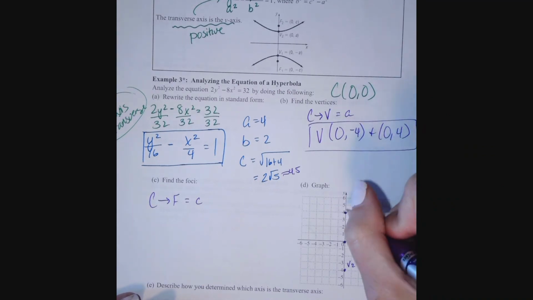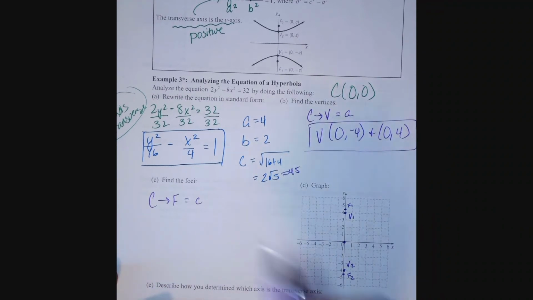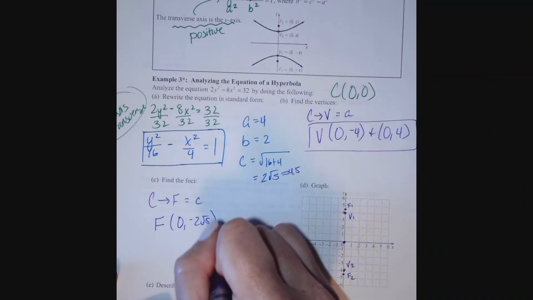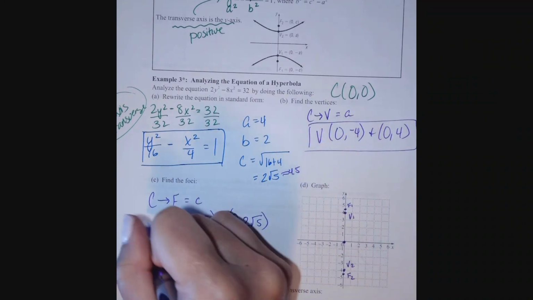So I'm going to go up 4.5 to get to that focus, and down 4.5 to get to that focus. Notice that the focus is really close to the vertex this time. That means the hyperbola isn't going to open quite as widely. So my foci are at 0, negative 2 square roots of 5, and at 0, positive 2 square roots of 5.